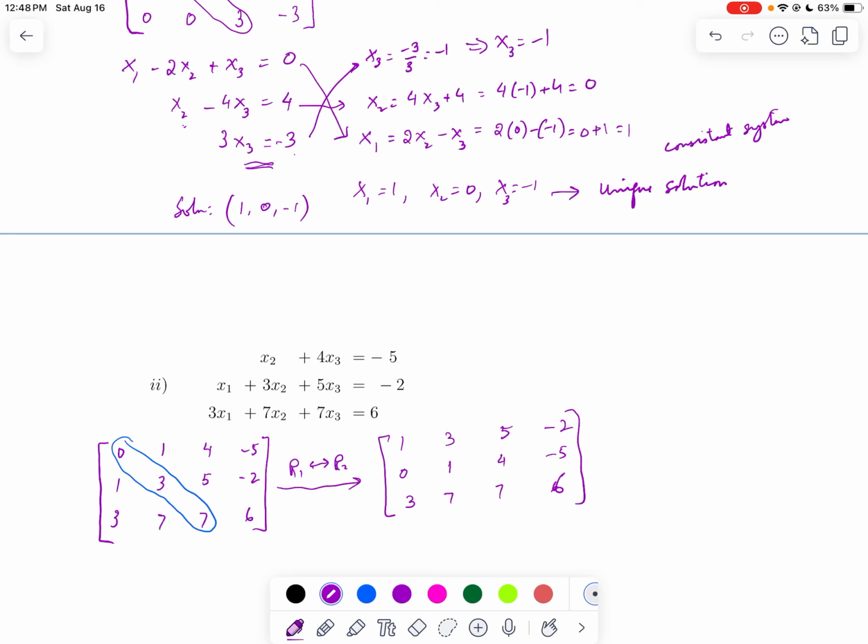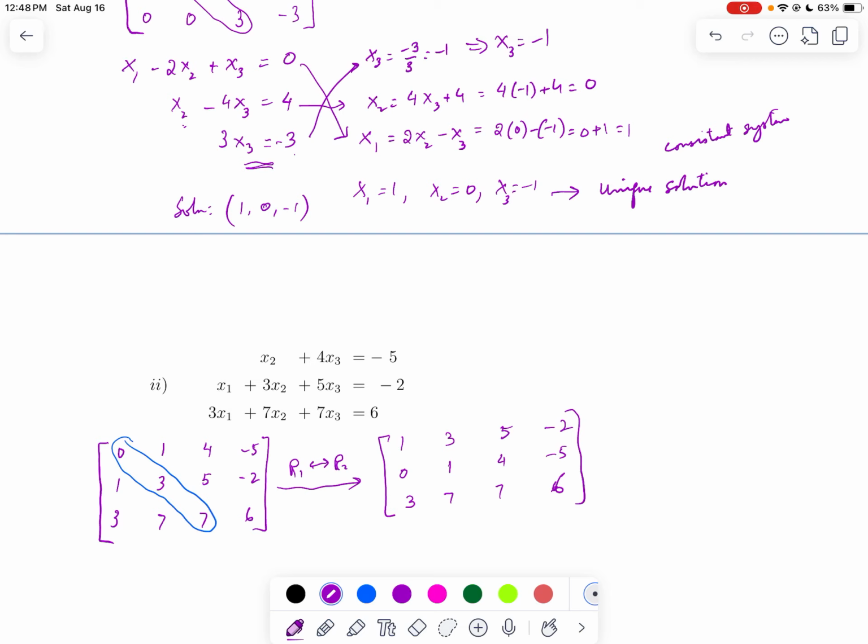Again, we follow the process exactly. In the first column, we have to have those two zeros. One of the zeros is already in that column, so we don't have to worry about that position, but in place of the 3, we have to have a 0. So how do we get that?